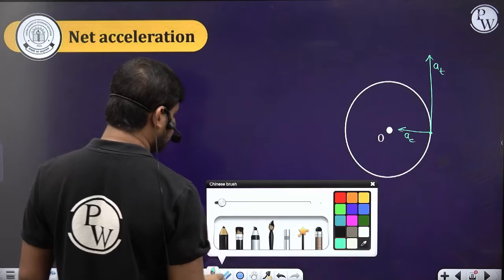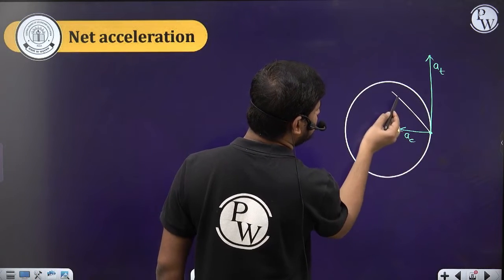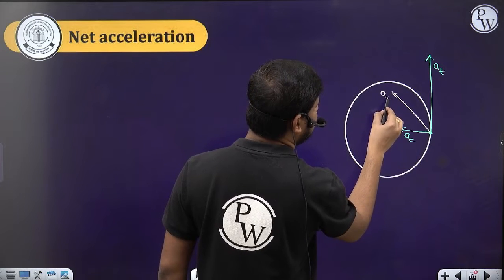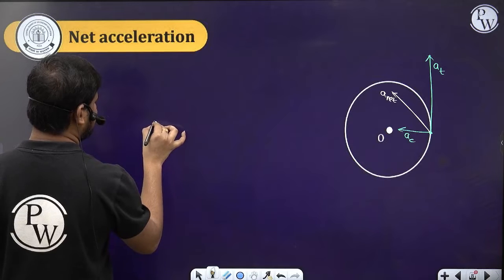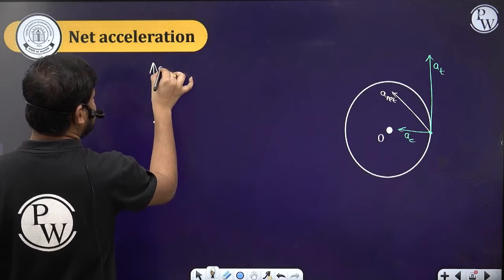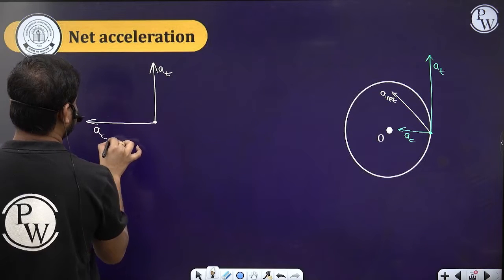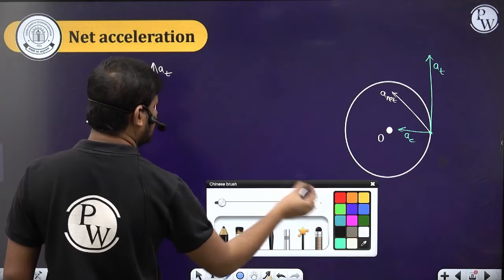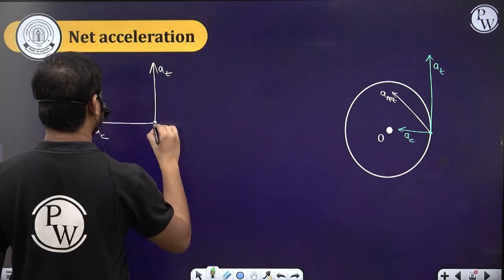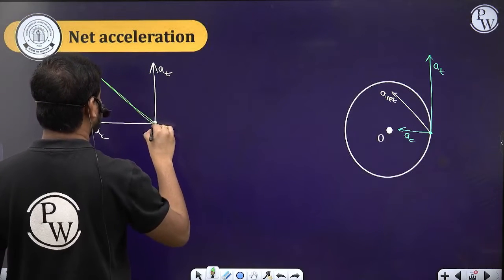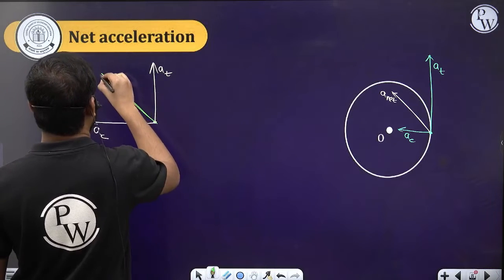So now what is the net acceleration? Let me write it clearly here. Suppose the particle is here. The tangential acceleration is this side, and the centripetal acceleration is this side. Then the net acceleration of the particle will be between these two. Obviously these two are perpendicular to each other, guys.